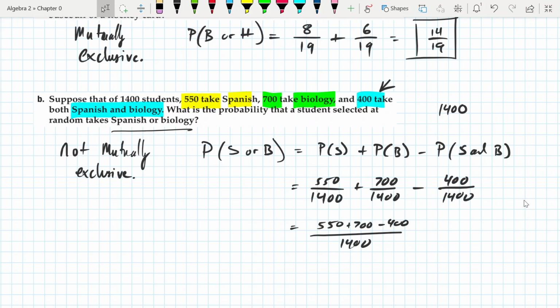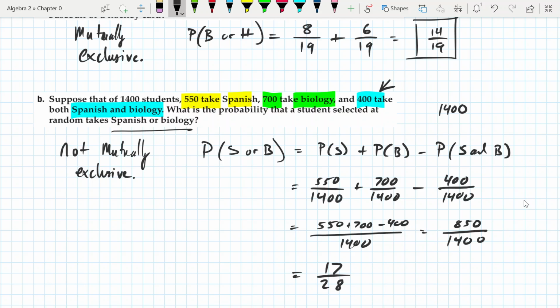550 minus 400 is 150, plus 700 is 850 over 1,400. And you can go ahead and reduce that down. 850 divided by 50 is 17, and 1,400 divided by 50 is 28.